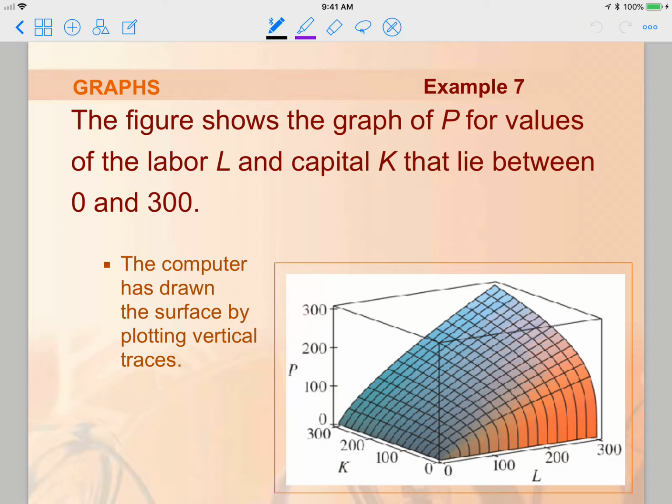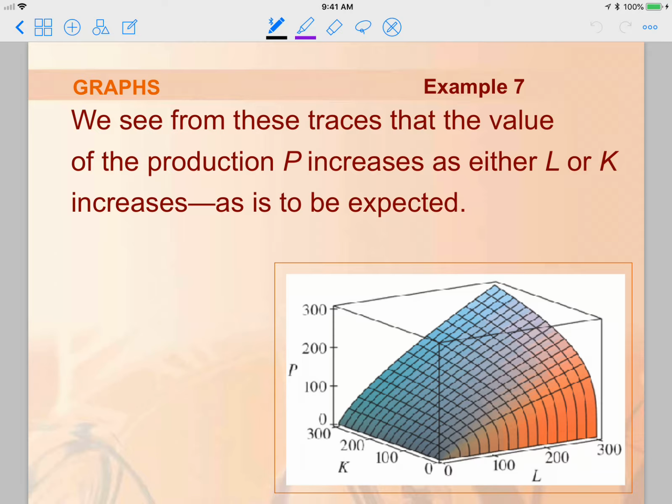Notice that Stewart uses Mathematica to make the pictures. So this has the box, right? And the L is here, the K is here, and the P is here. Okay. And this is something I think I didn't really mention before: how does Mathematica plot?